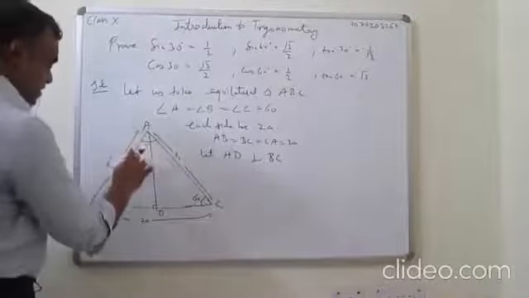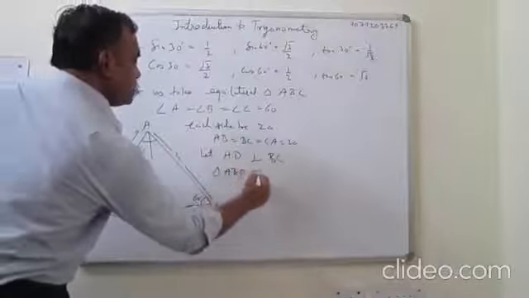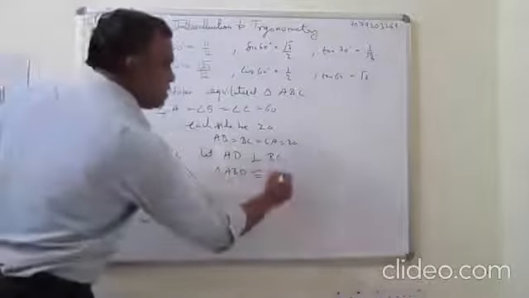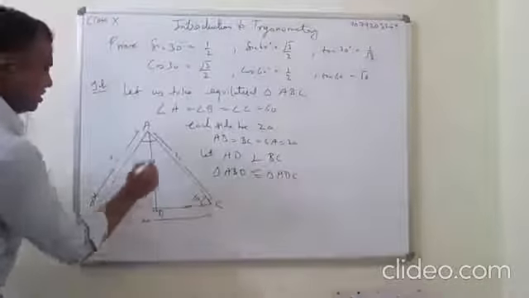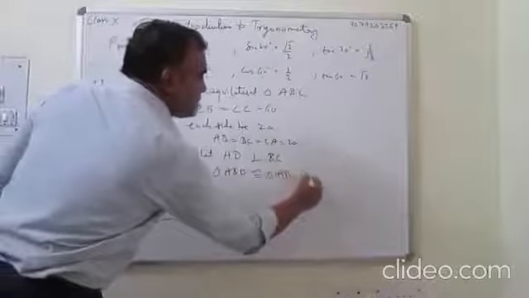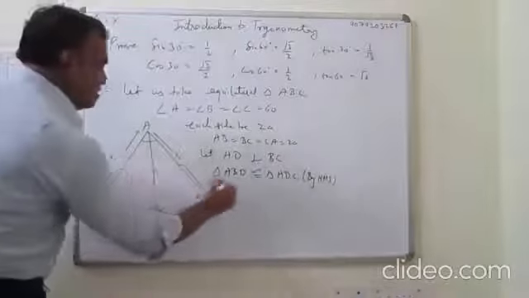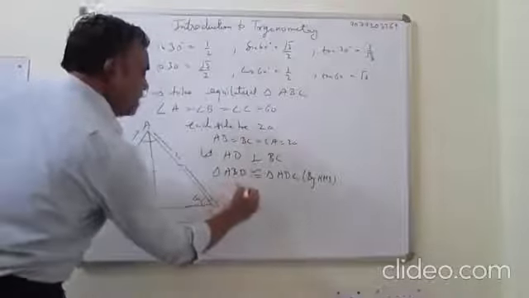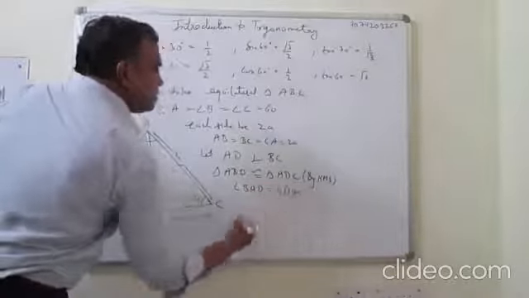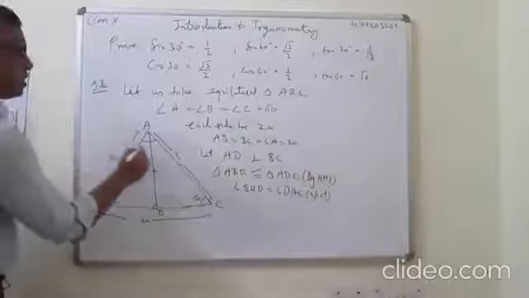We see that triangle ABD is congruent to triangle ADC, by which rule? This side equals this side, this is common, so by RHS. Therefore angle BAD equals angle DAC by CPCT.